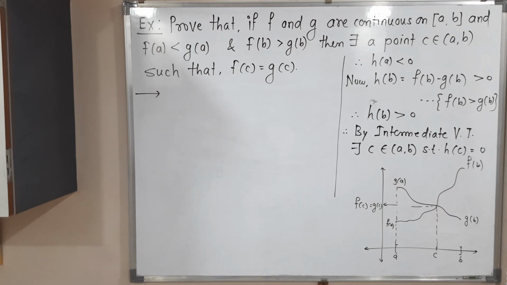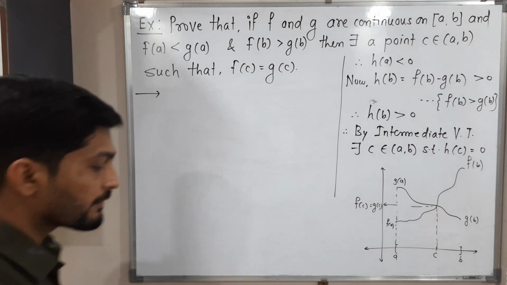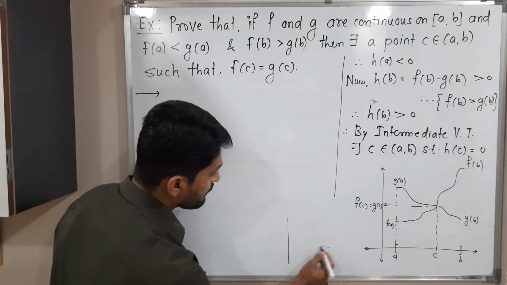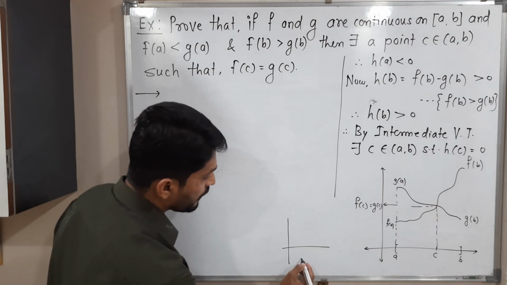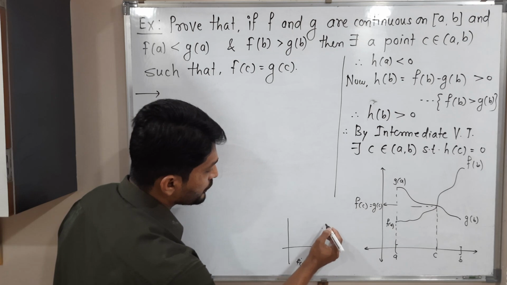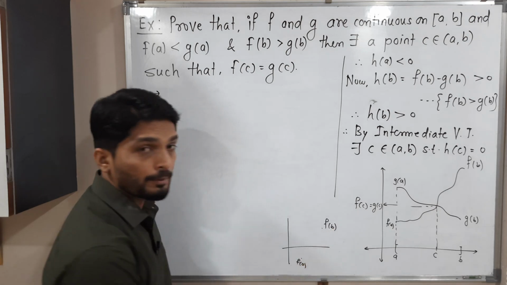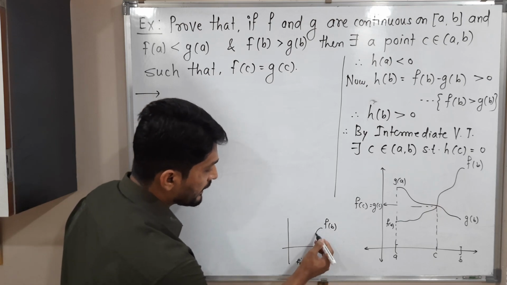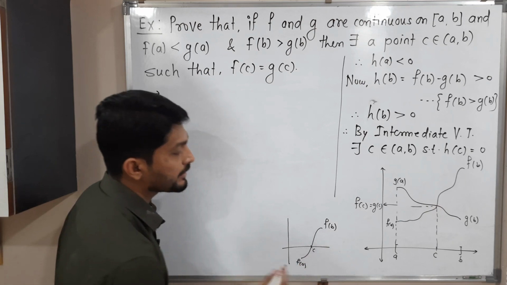Let me tell you again what the intermediate value theorem is, since different books have different statements. The definition which I am following is: if a function has a negative value at point A, has a positive value at point B, and the function is continuous on the closed interval AB, then definitely there is some point C where the function has value 0.